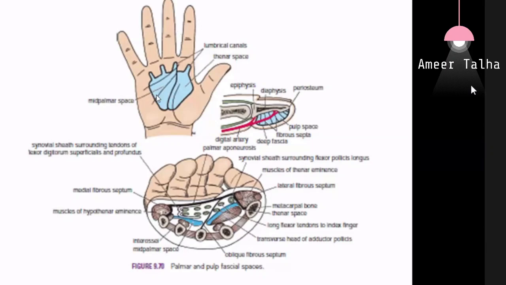The mid-palmar space continues proximally with the space of Parona. And what is the limit for the space of Parona? In the forearm, it is present between, on the deeper side, the interosseous membrane and pronator quadratus, and superficially it is limited by the flexor digitorum profundus.